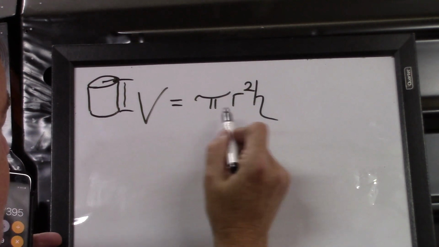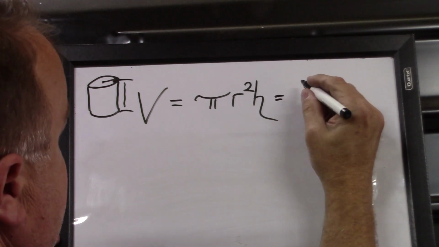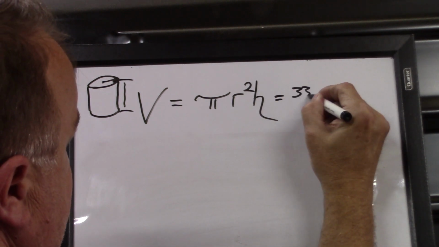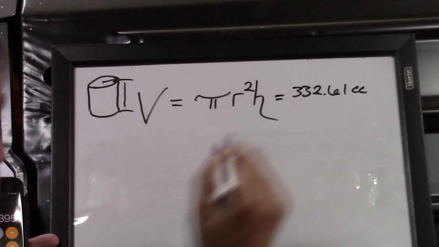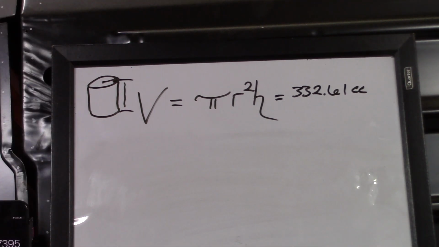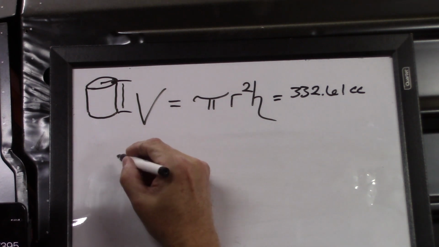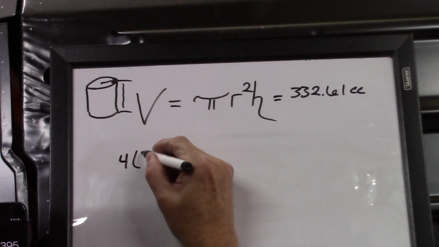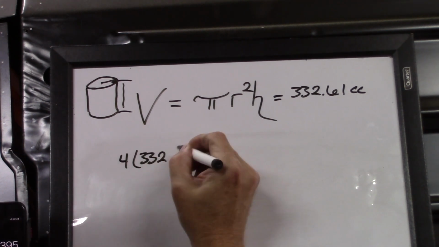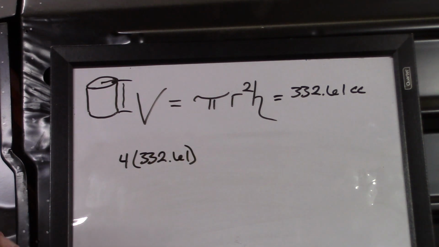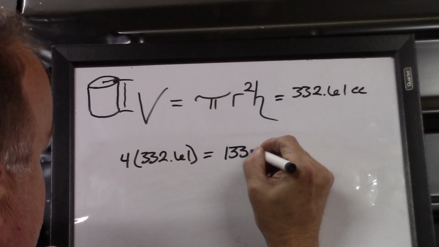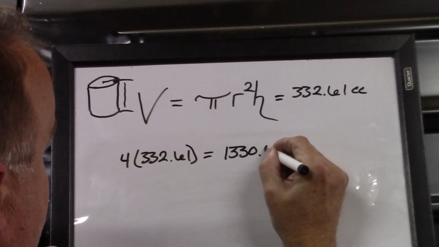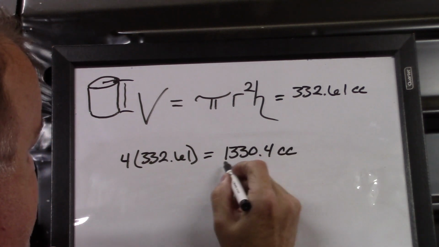So the volume of one cylinder is equal to 332.61 cubic centimeters. There are 4 cylinders, so 4 times 332.61 is equal to 1330.4 cubic centimeters.